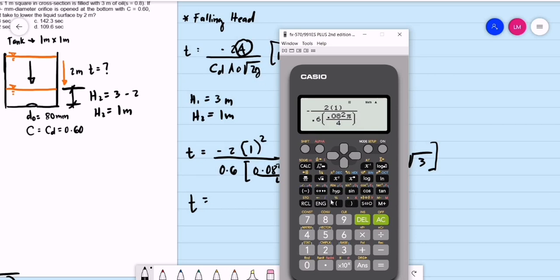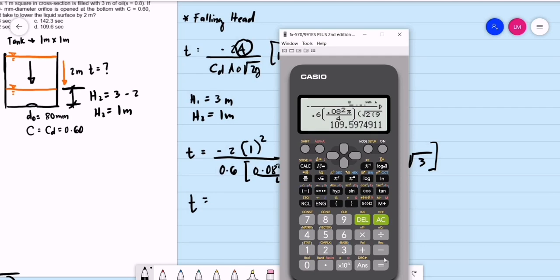Then multiplied by the square root of 2g, that is twice 9.81. Then multiplied by the square root of the final head, 1, minus the square root of the initial head, which is 3 meters. Then we'll be having the value.